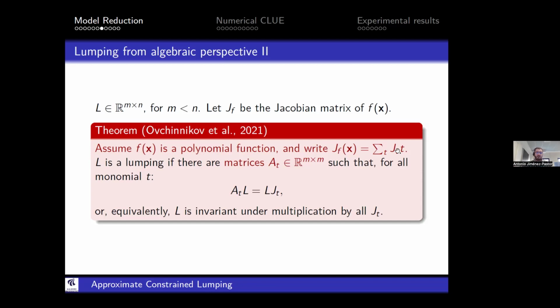And then the criterion tells you that L is a lumping if and only if there are constant matrices A of t, such that for all the monomials, this type of commutation holds. So again, the rows that appear in L times J of t can be generated as a linear combination of rows of L. And this is more or less the way of checking that a matrix is a lumping.